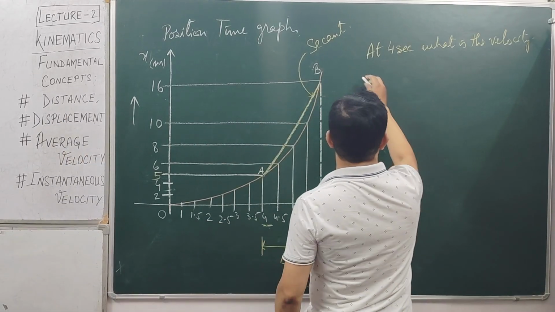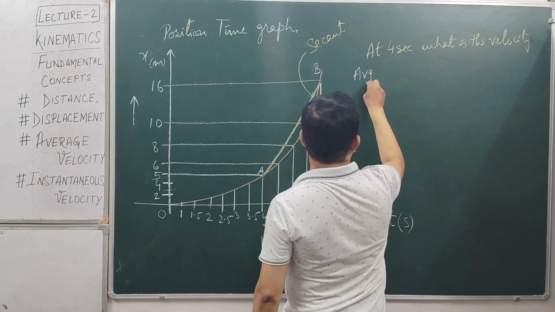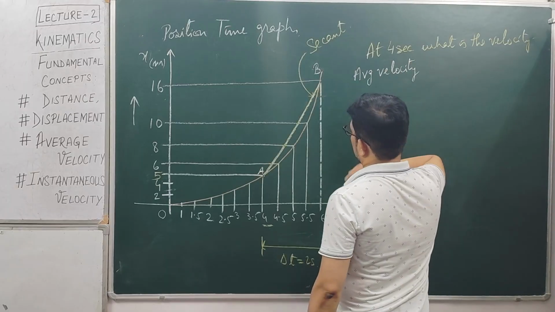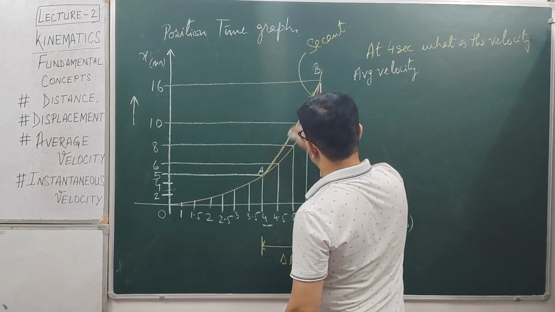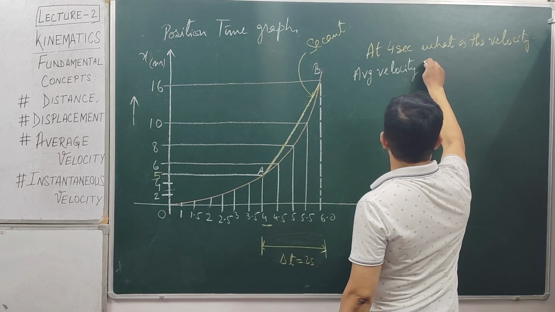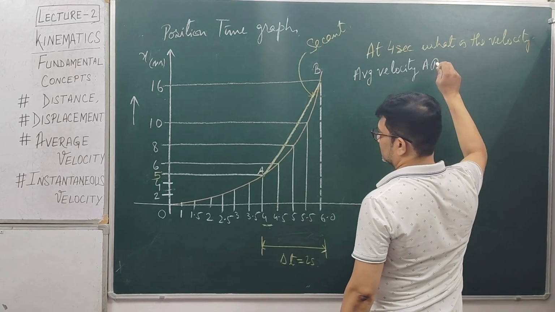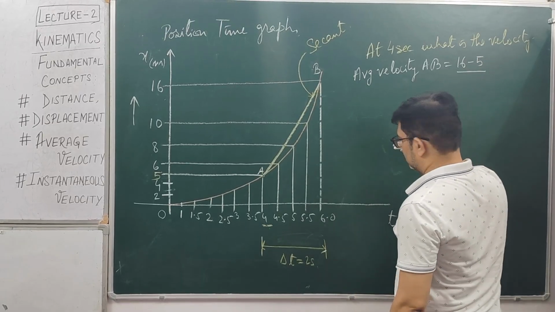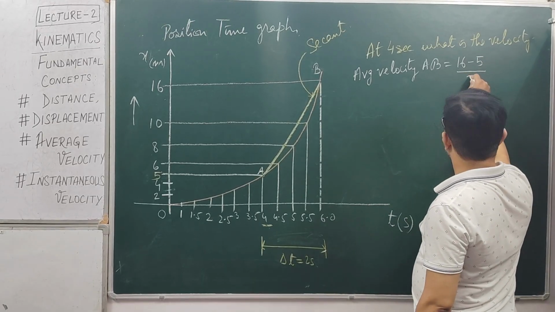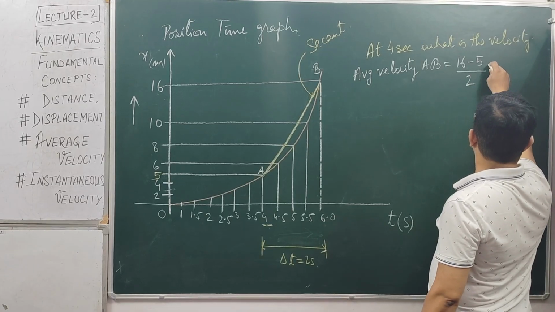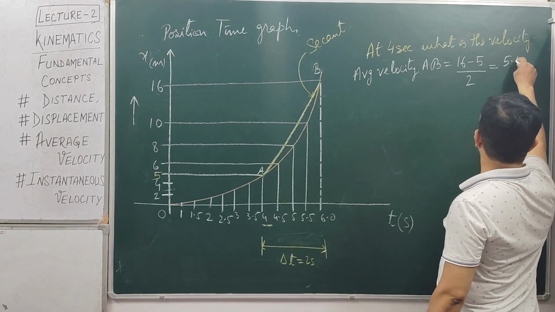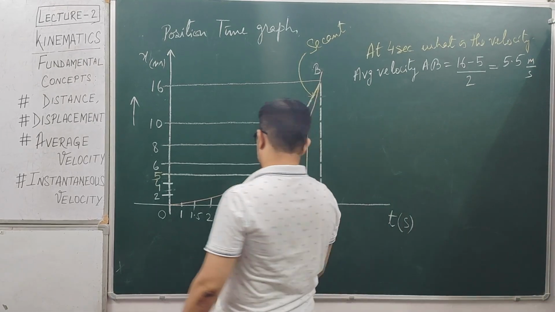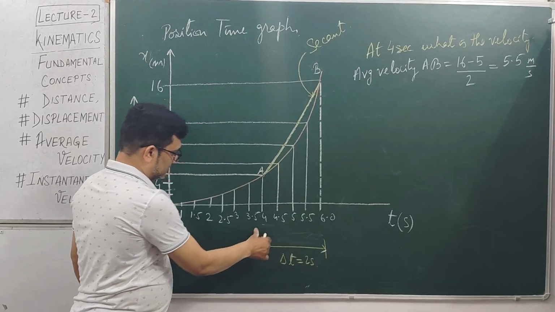So if you want to find the average velocity AB, it is 16 minus 5 over delta t is equal to 2. So it comes out to be 11 by 2, which is 5.5 meter per second. You agree? All right. You agree with this?